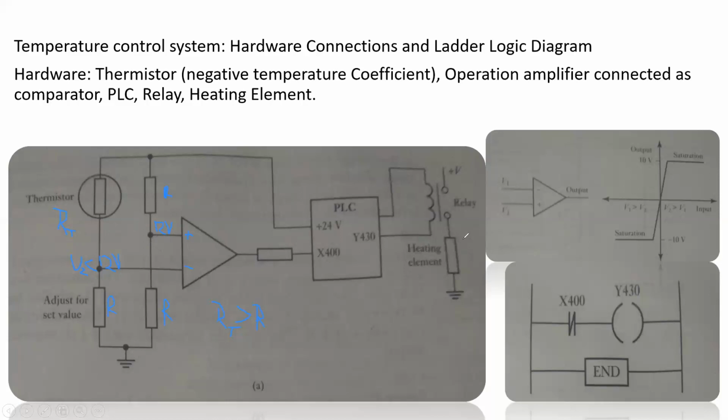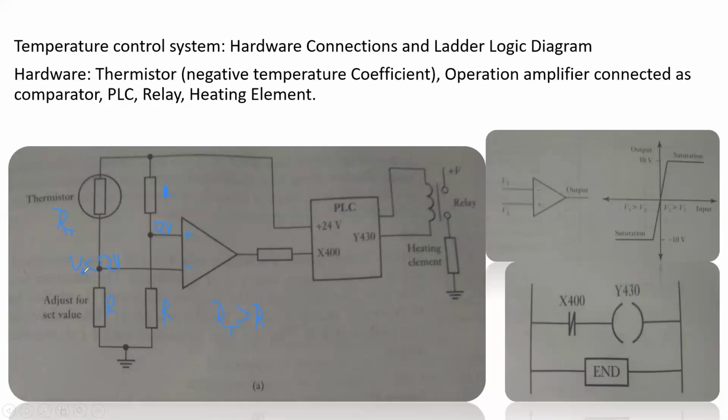But initially the heater is operational, the switch is closed. Because the heater is operational, the switch is closed, which means that the relay is energized. So Y430 is initially high. Now what is happening? The temperature of the room is increasing and the thermistor resistance will keep decreasing.